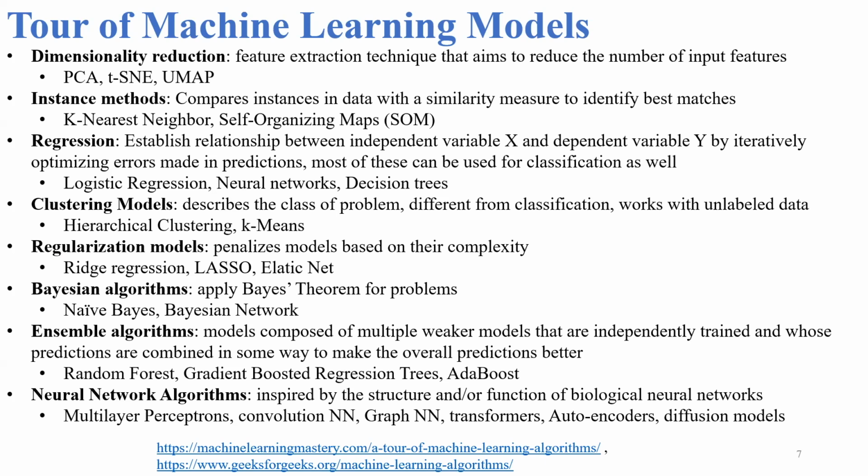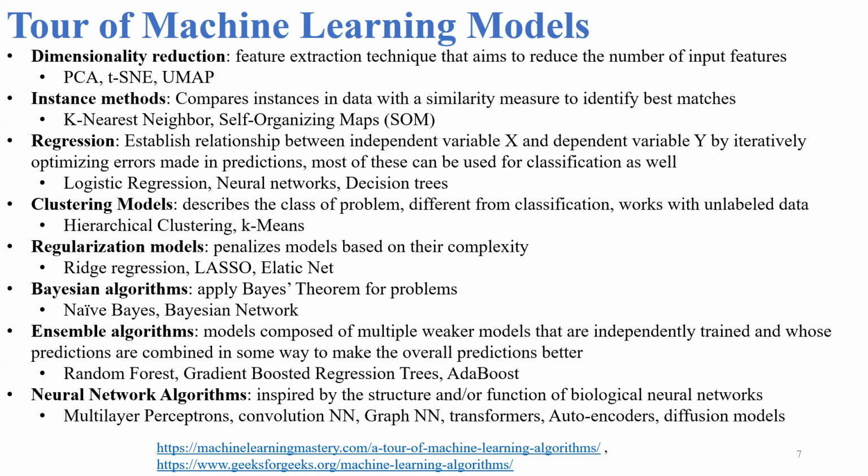Bayesian algorithm. The good thing about Bayes algorithm is it can give uncertainty in the predictions, such as the Bayesian network. Ensemble models, where models are composed of multiple weaker models that are independently trained and whose predictions are combined in some way to make the overall predictions better, such as random forest, gradient boosted regression, AdaBoost, and so on. We'll also learn that in the hands-on session.